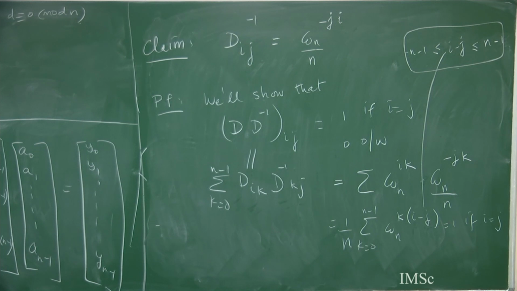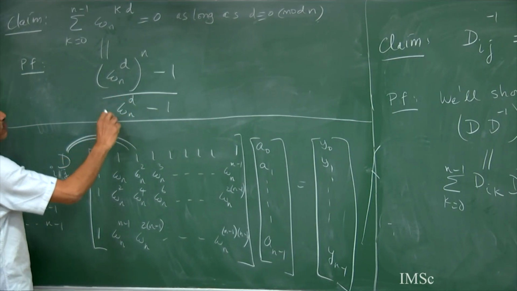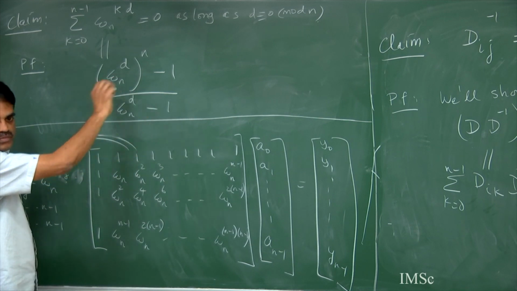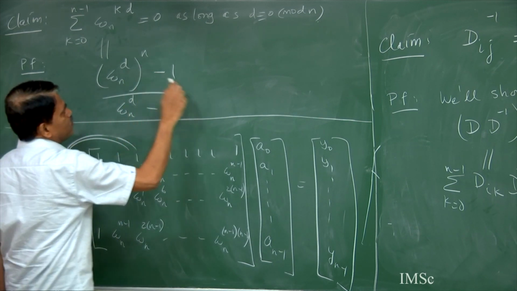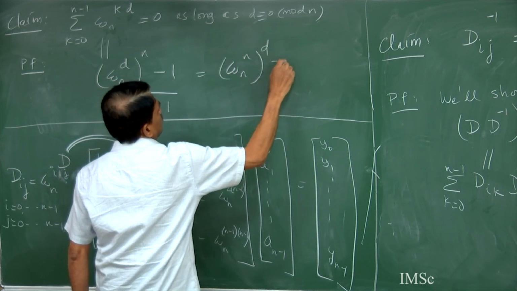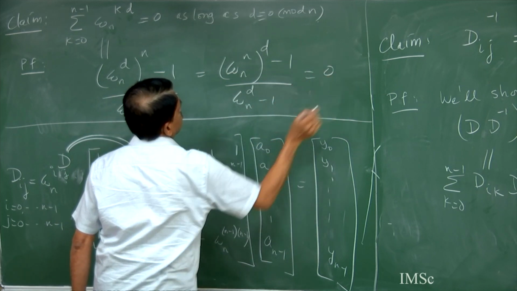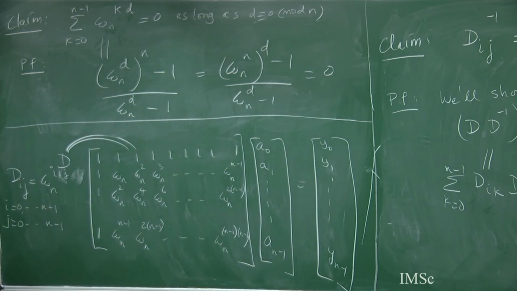So we have this equal to (omega n power d, whole power n, minus 1) over (omega n power d minus 1). Since d is not a multiple of n, the denominator is not 0, but the numerator is simply 0, because this is 1.